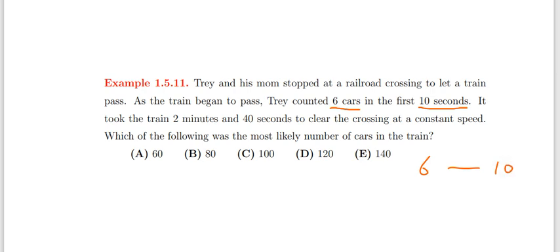So it takes 2 minutes and 40 seconds. So here 2 minutes, we need to change this to seconds. So 2 minutes 40 seconds equals 2 times 60 plus 40. So how many seconds equals how many cars.